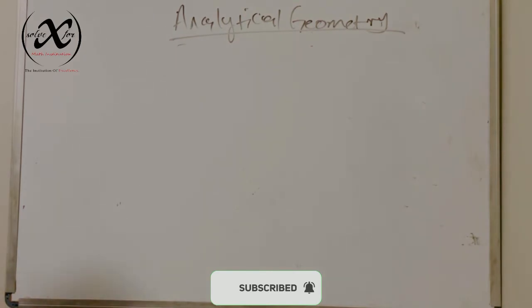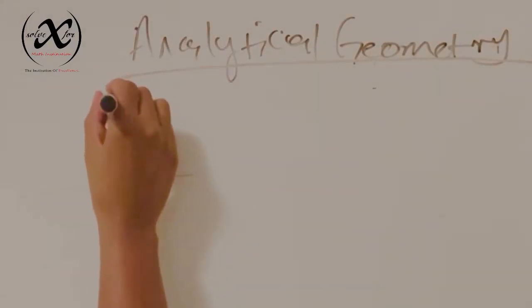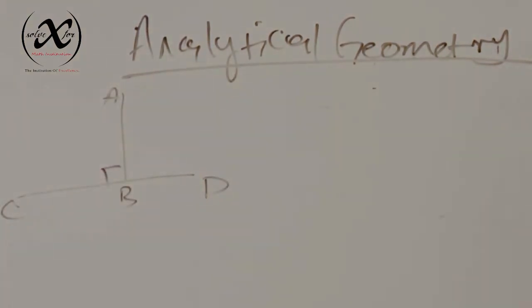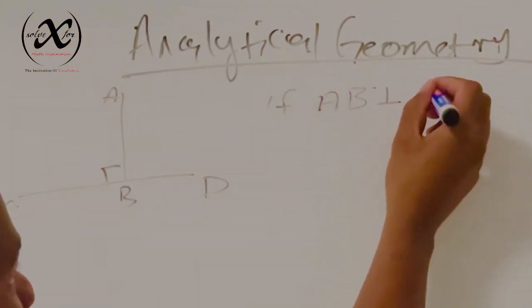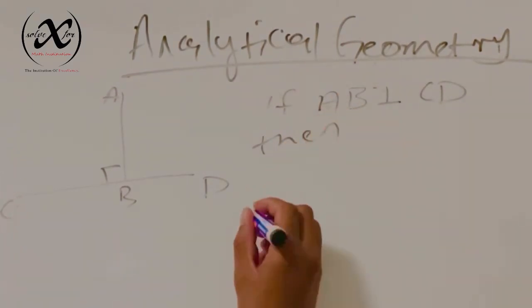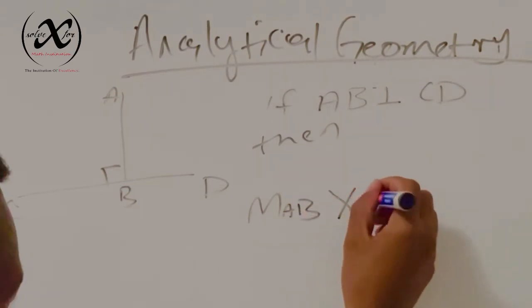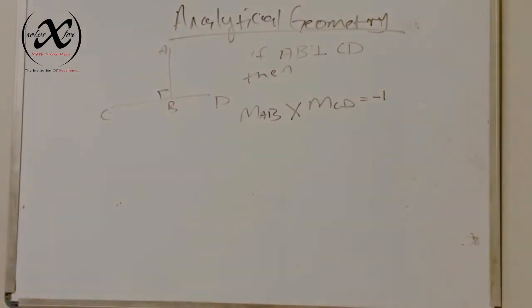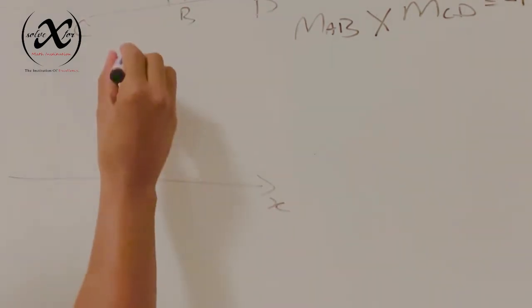Now, we are going to talk about perpendicular lines, A, B, C, D, being perpendicular. If AB is perpendicular to CD, then the gradient of AB multiplied by the gradient of CD equals -1. This is also going to help you when you are given something like this.